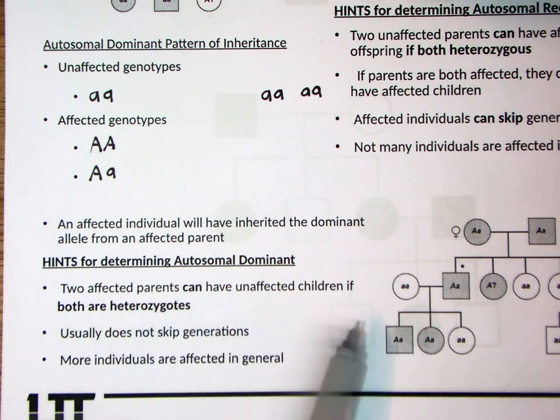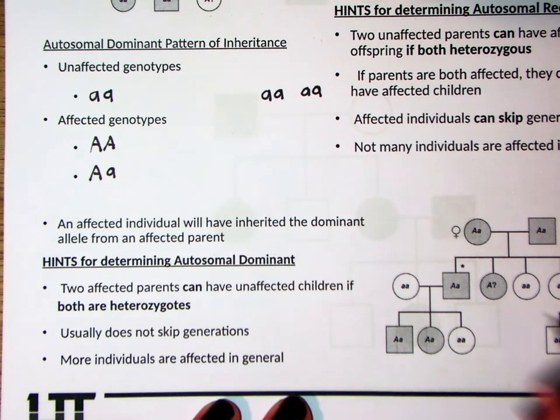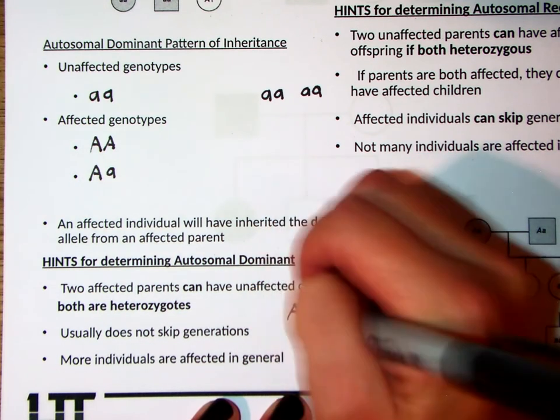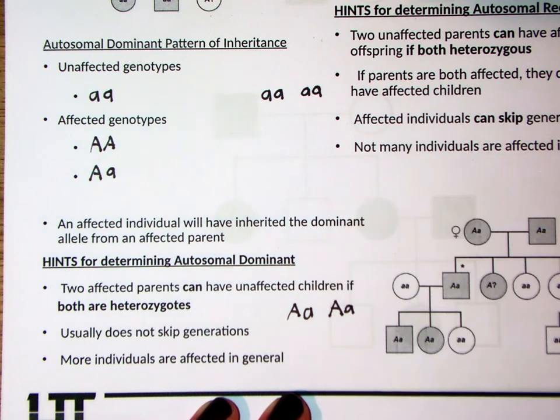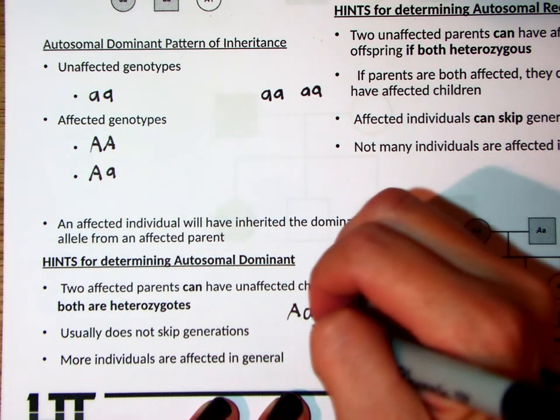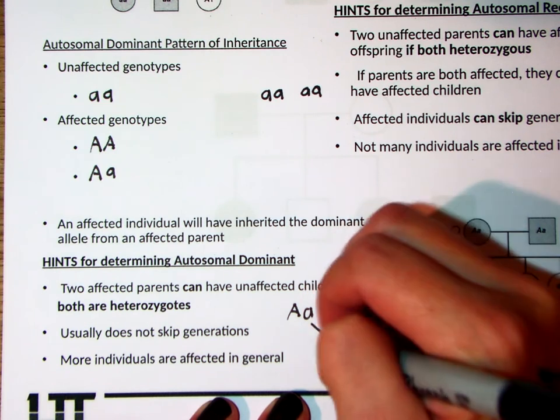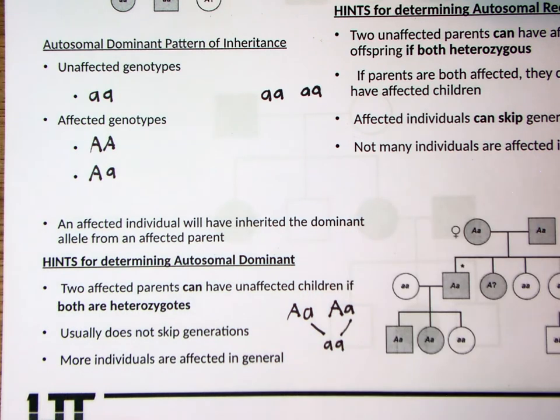To have the disorder with an autosomal dominant disease, you would have to have at least 1 big A. If they're both heterozygous, they can still each pass on a little a to their offspring, and then their offspring could be unaffected. It usually does not skip generations, and there are usually more individuals affected in general.